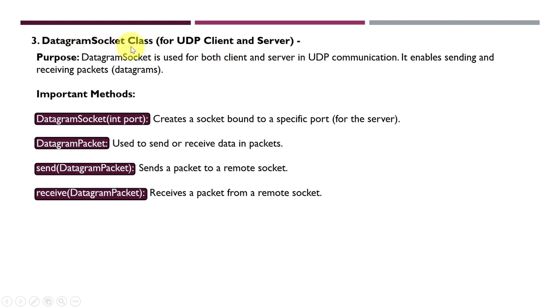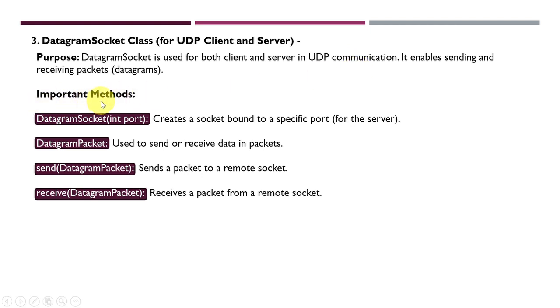DatagramSocket classes for UDP client and server. The purpose of DatagramSocket is that it is used for both client and server in UDP communication. It enables sending and receiving packets in datagrams.